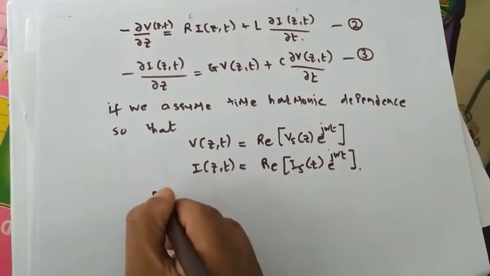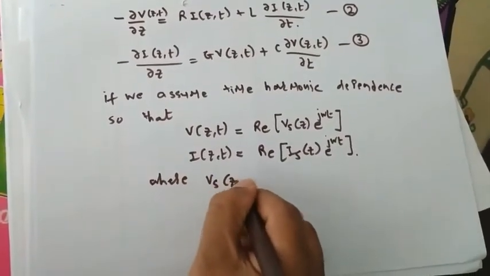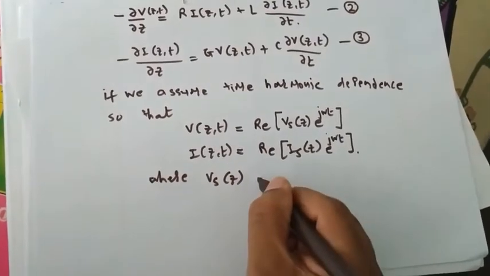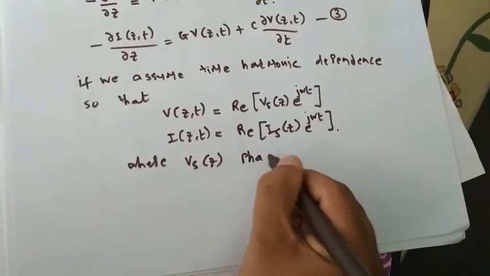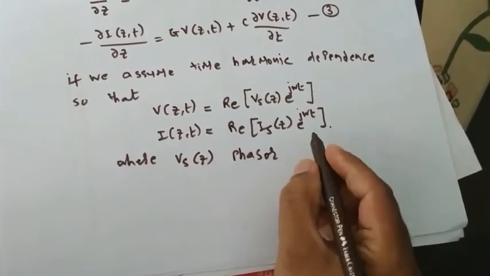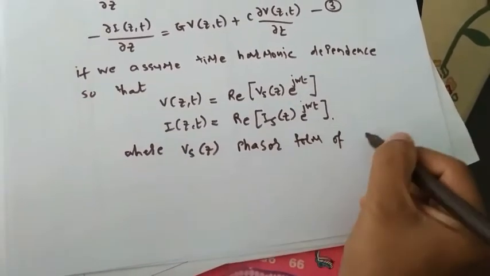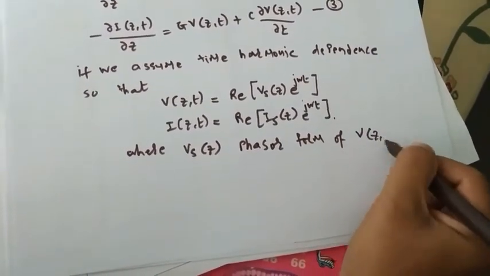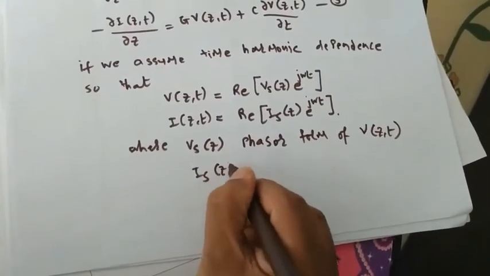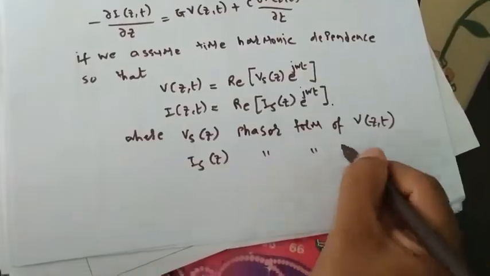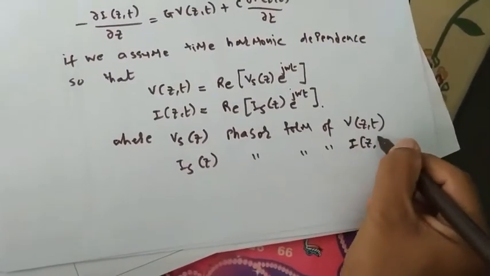where Vs(z) can be expressed as the phasor form of V(z,t), while Is(z) can be considered as the phasor form of I(z,t).